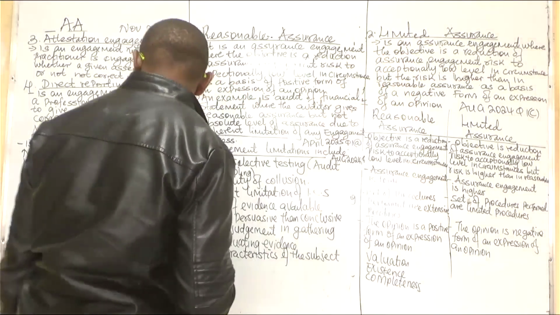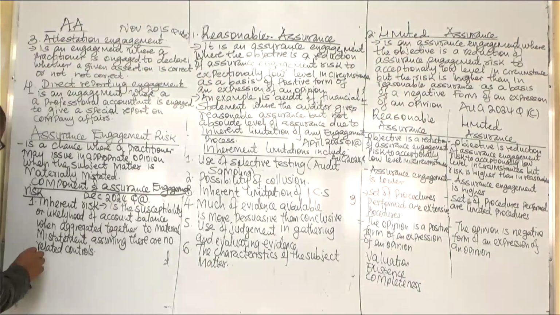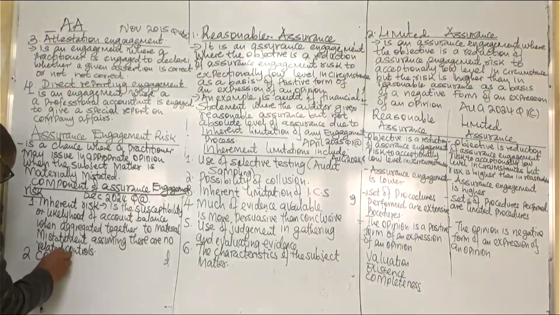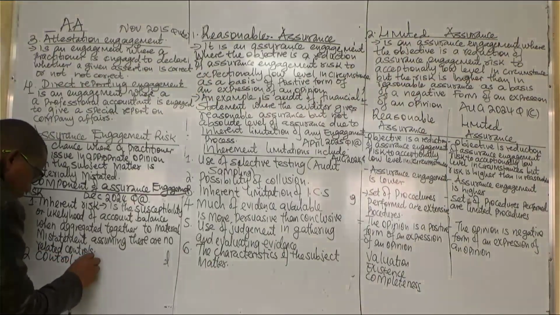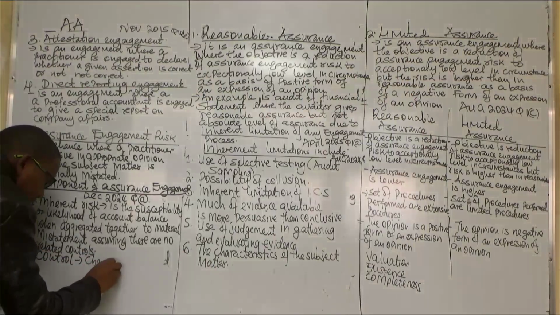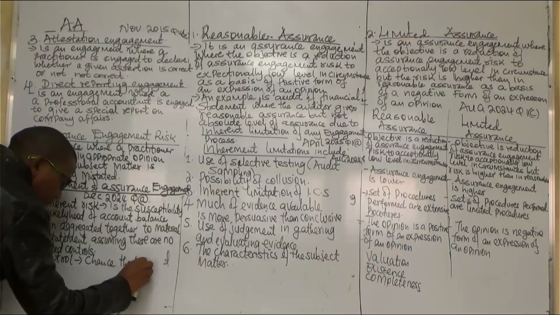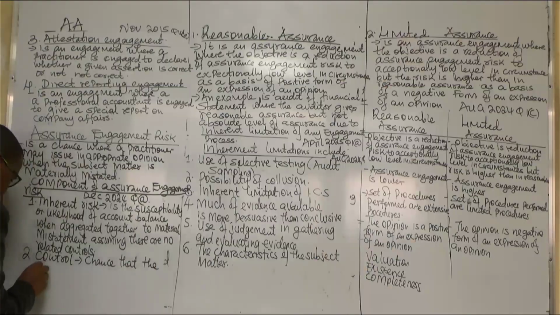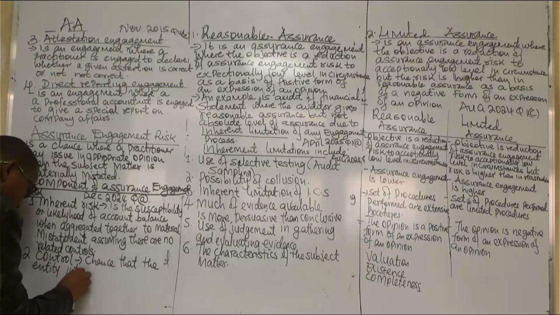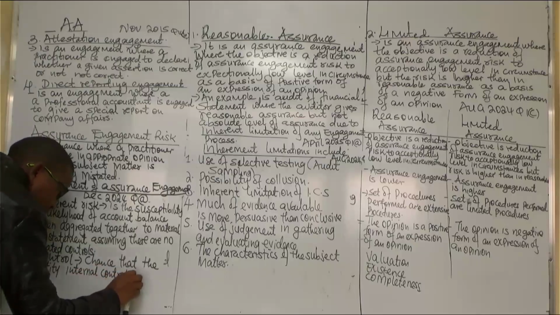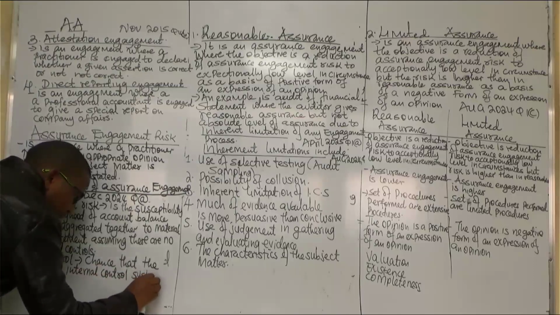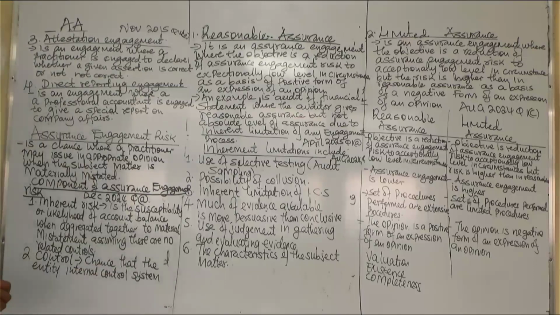Number two is what we call the control risk. Here we talk of a chance that the entity's internal control system may fail to detect a material mistake.